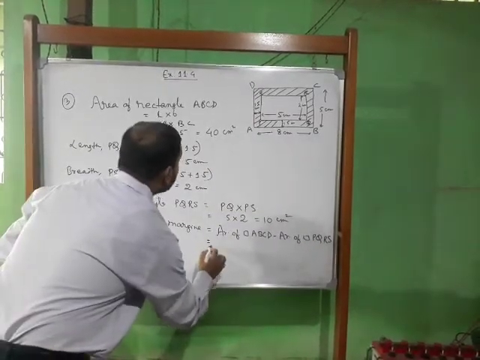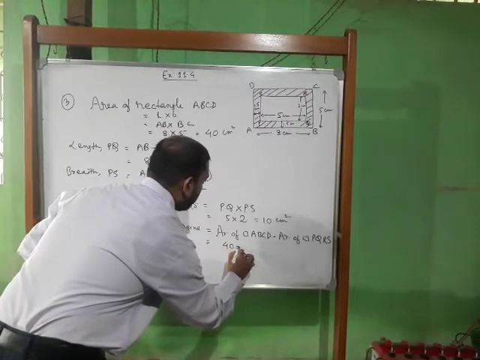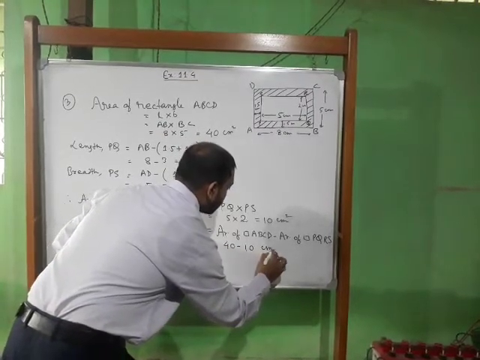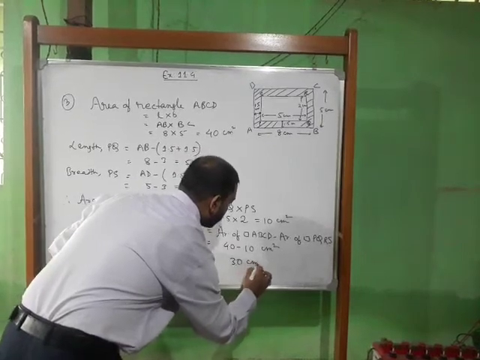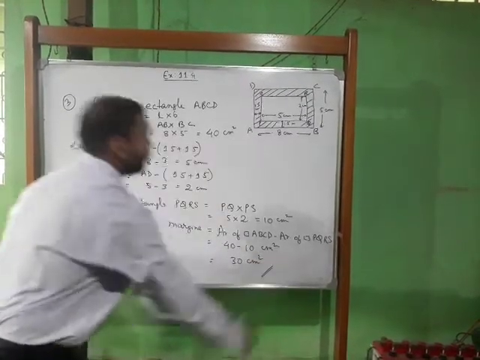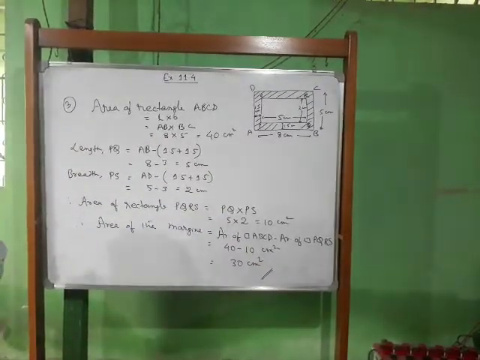So it will be equal to 40 minus 10 centimeter square, that is 30 centimeter square. So this is the final answer.